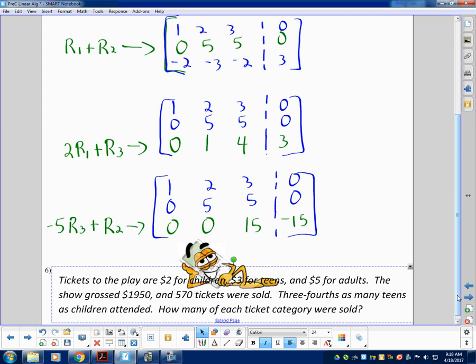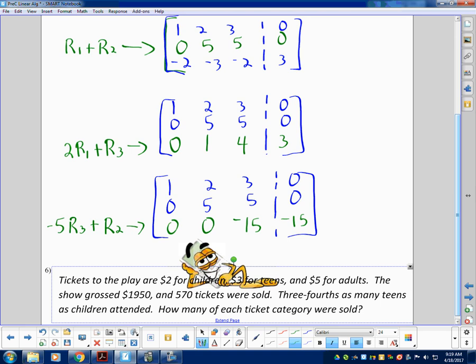Is it negative? So -5 times 4 is -20, plus 5, negative 15. You're right. And actually, your calculator will do this as well. It'll do this row by row on a matrix and reduce it down.